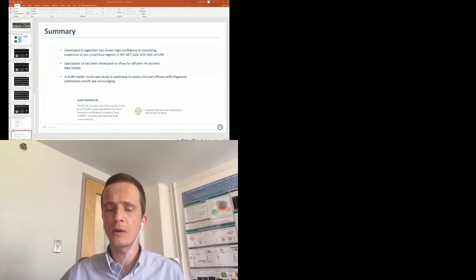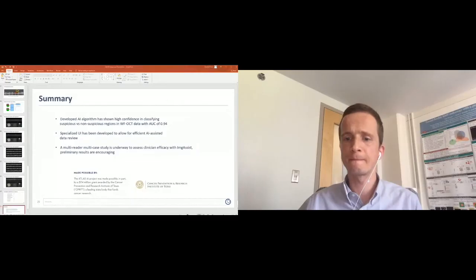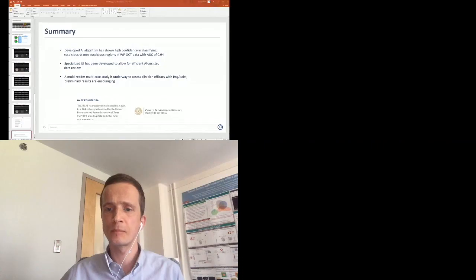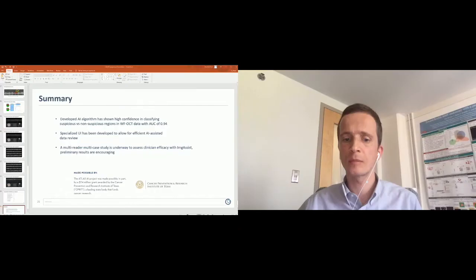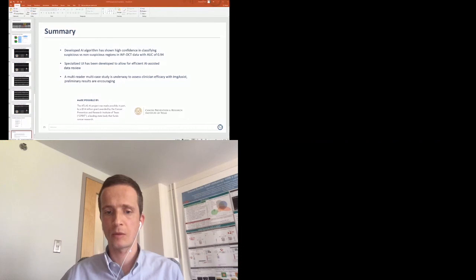Yeah, that's fully correct. So the expert annotated ground truth, but full segmentation was not needed. It just was a label placed on a scan, so then the patch was extracted around this label.